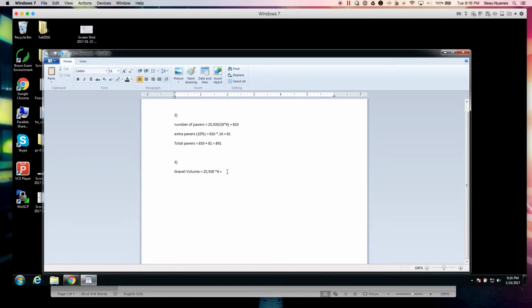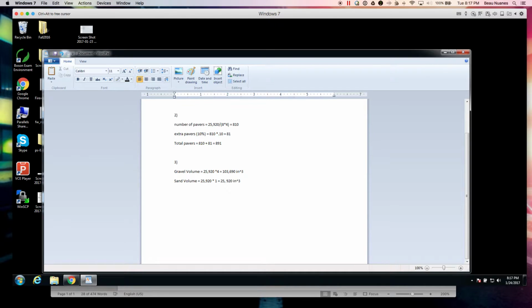That volume will be inches cubed, right? So 103,680 cubic inches. Now sand volume is going to be the 25,920, and the spec says it's 1 inch deep, so times 1 is just the same, right? So 25,920 cubic inches.